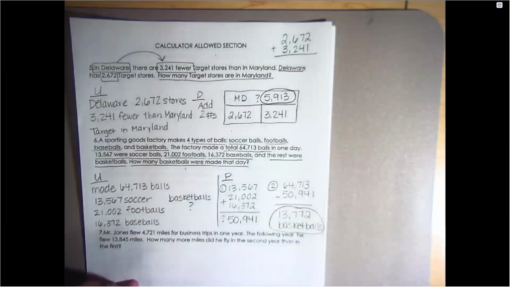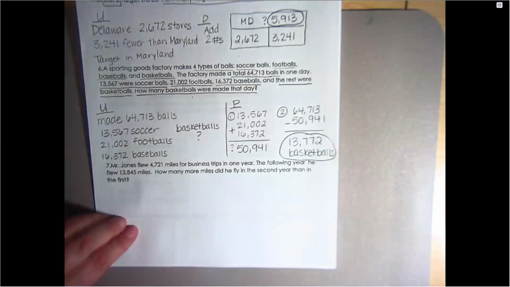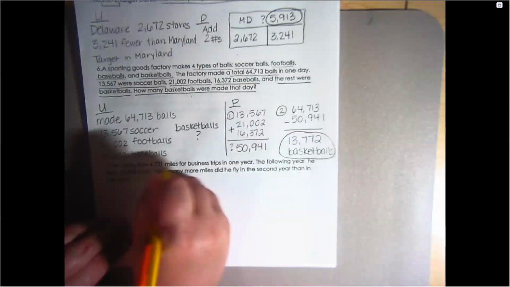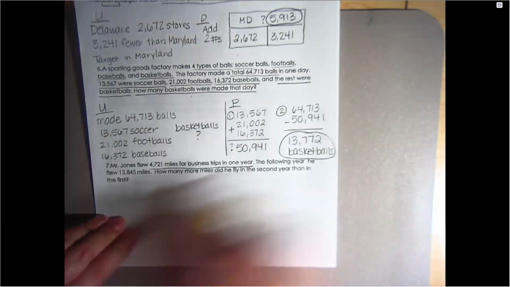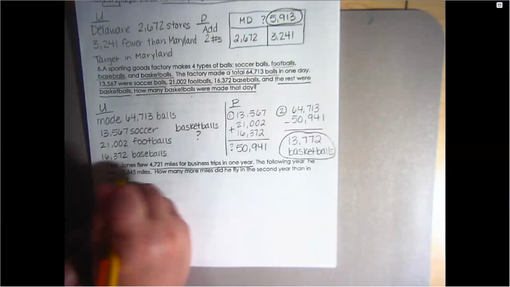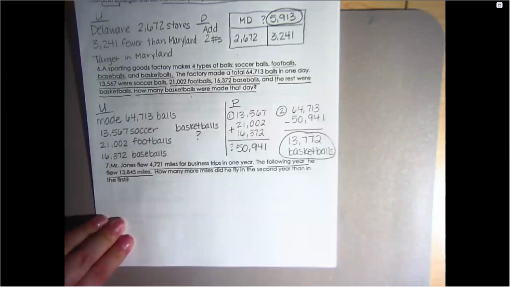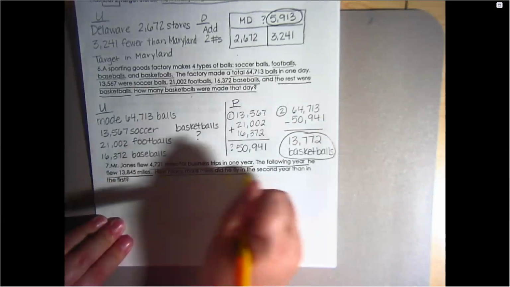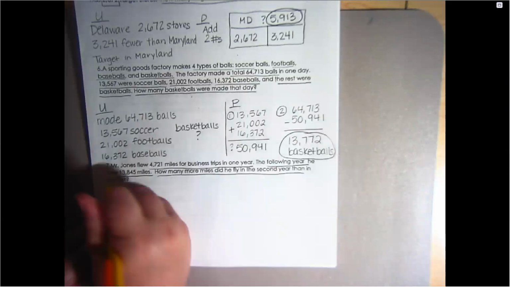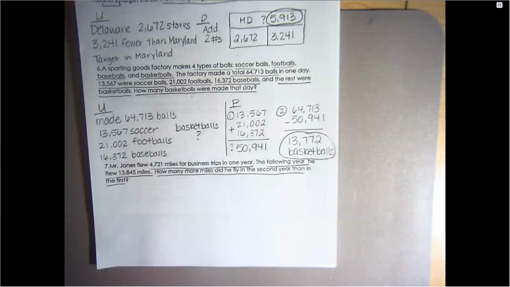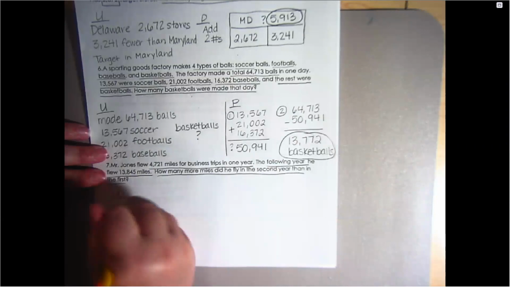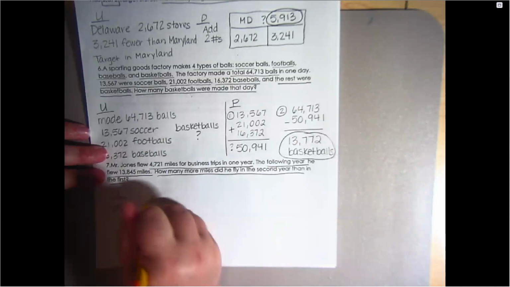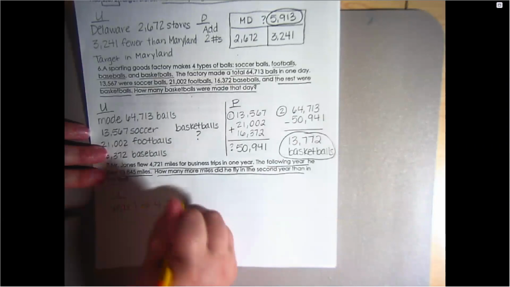Number 7, Mr. Jones flew 4,721 miles for business trips in 1 year. The following year, he flew 13,845 miles. How many more miles did he fly in the second year than in the first? All right, here's what I know. I understand. In year 1, he flew 4,021 miles.